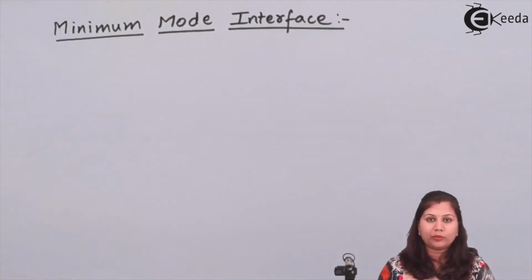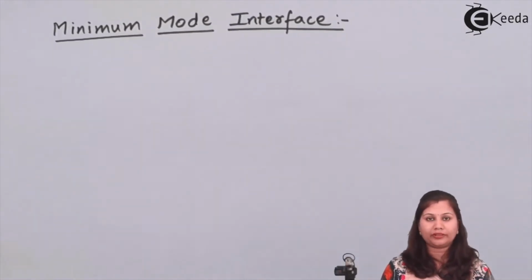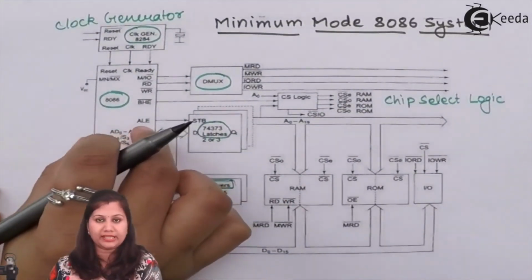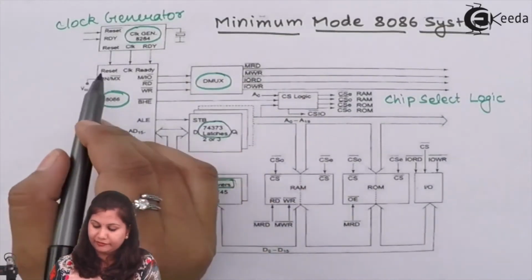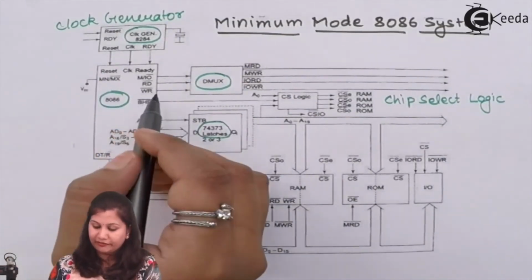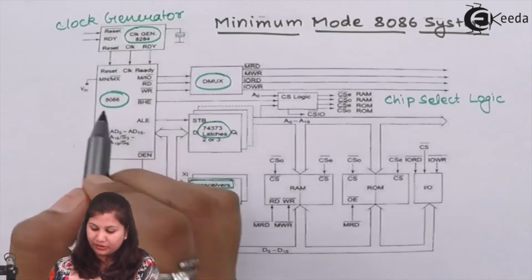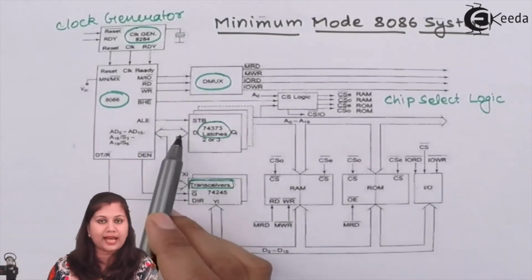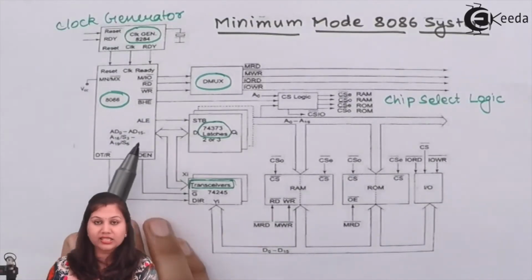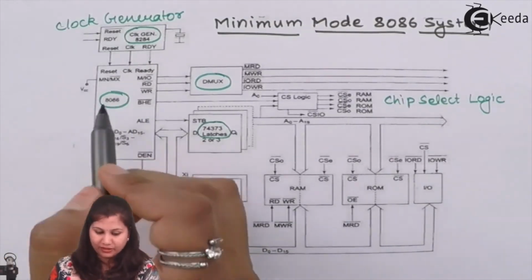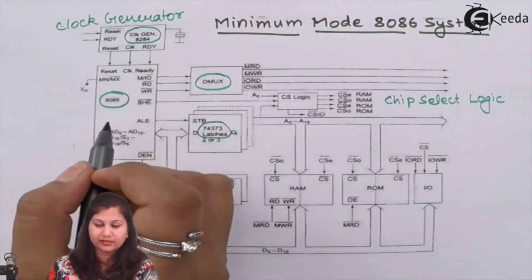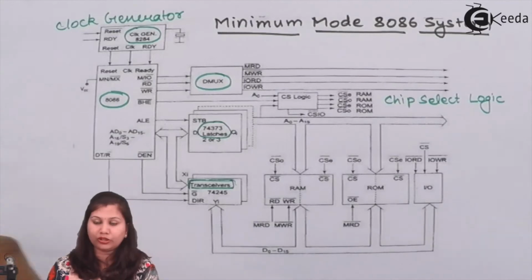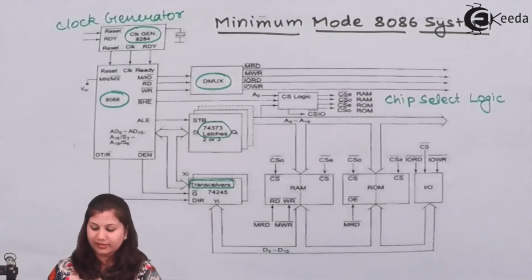We have seen the block diagram that in the minimum mode, we have the 8086 microprocessor and then different signals which are given by this 8086. These signals can be characterized as: we have the address and the data bus here. We have the status signals also. We have the control signals, interrupt signals and the DMA signals. DMA signals include the hold and the hold acknowledge signals.